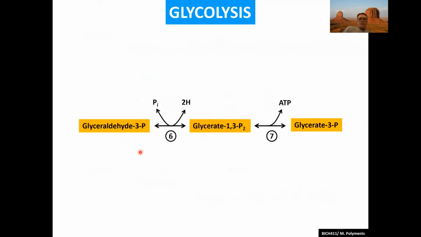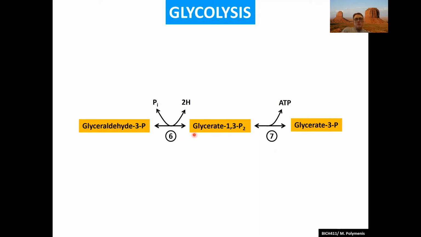So we're going to see 2 reactions. The oxidation of glyceraldehyde 3-phosphate to glycerate 1,3-bisphosphate, and then this high energy molecule, one of these phosphates is a high energy phosphate bond, which could be directly transferred onto ADP to make ATP by the enzyme phosphoglycerate kinase to give you glycerate 3-phosphate, which we'll see how that gets processed in phase 3 to get more ATP out of it before it becomes pyruvate.